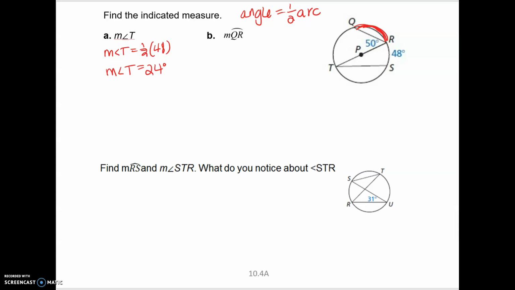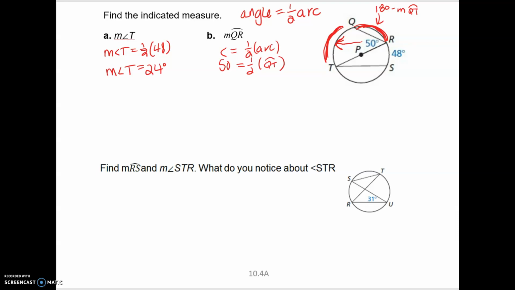So what that helps me figure out is if I know this part, I can find the measure of arc QR by taking 180 minus the measure of arc QT. We're going to find that by using the angle right there. Remember, angle is 1/2 of the arc. I know my angle is 50, and I don't know what arc QT is.